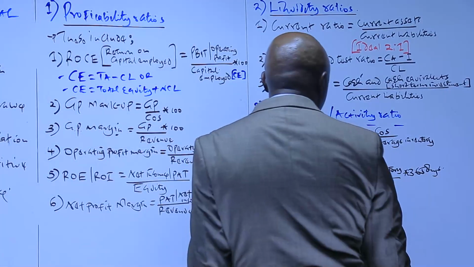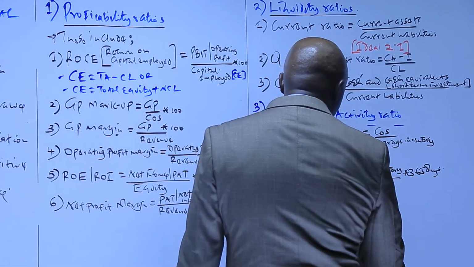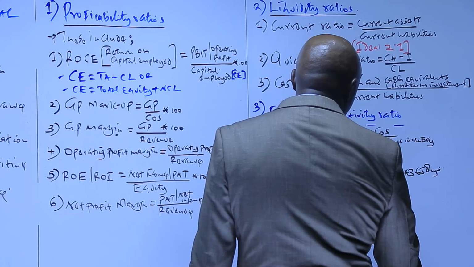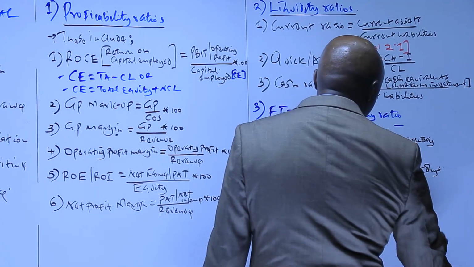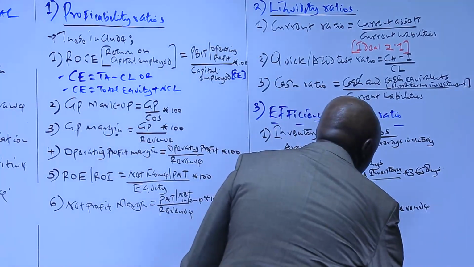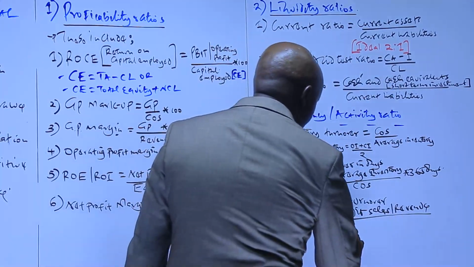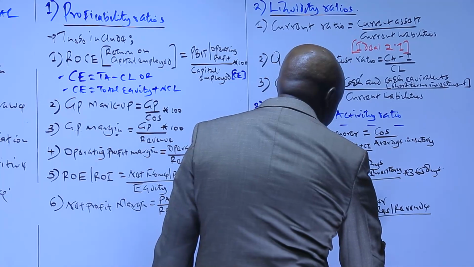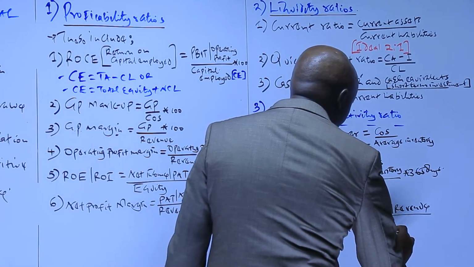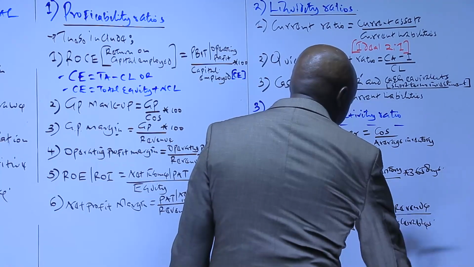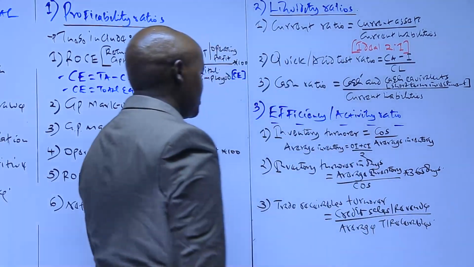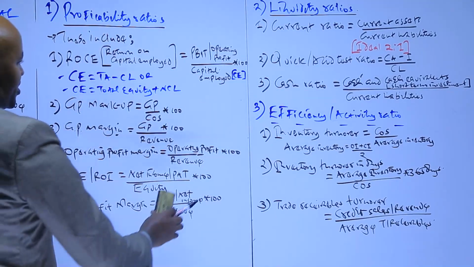So how do we compute this? We take the credit sales, or credit revenue, and divide that by the average trade receivables. That's how we compute the trade receivables turnover.